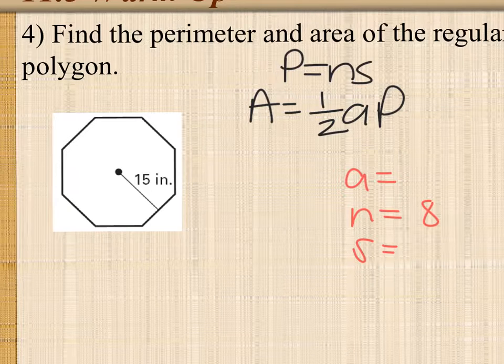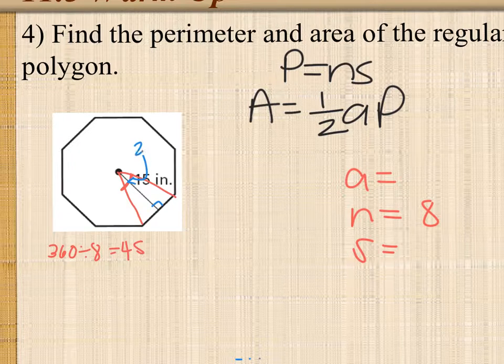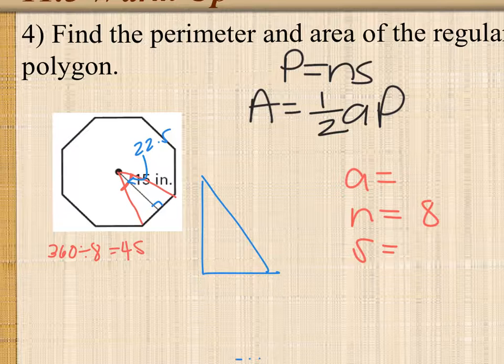So if I were to draw the central angle here, this would be 360 divided by 8, which is what? 45. That's the big angle here. Cut it in half with the apothem, and that top angle is what? Good, 22.5. So I'm going to draw it next to it. 22.5.